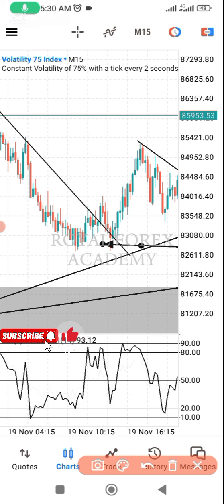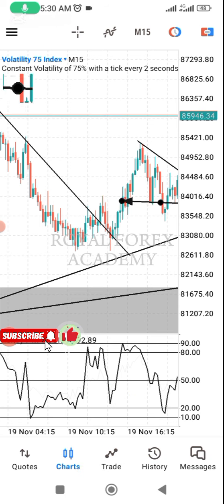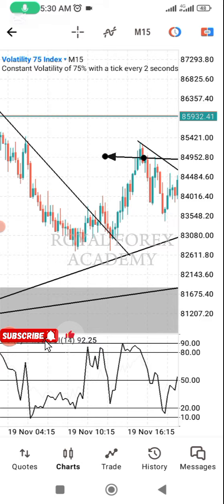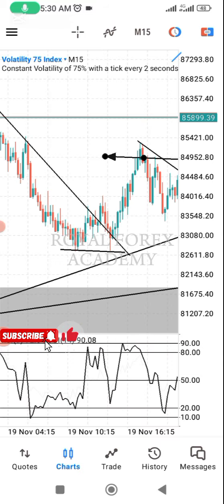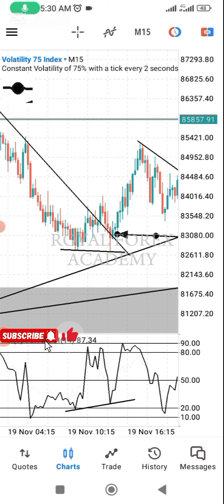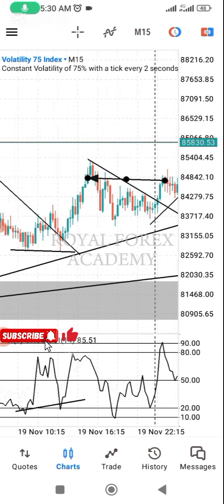And if you look at this carefully, you'll realize that we are having a divergence. That is a divergence. You can see that. And then you will enter this buy here, and then you move to this upside.